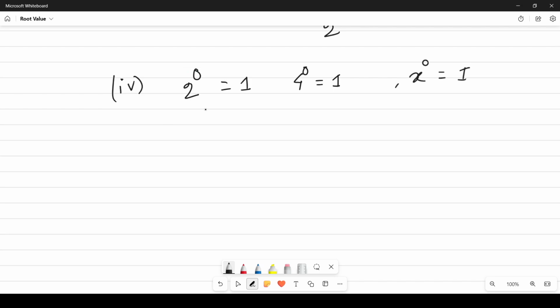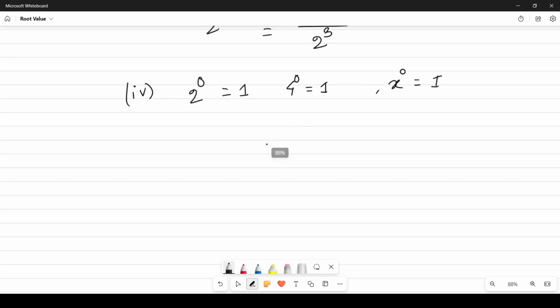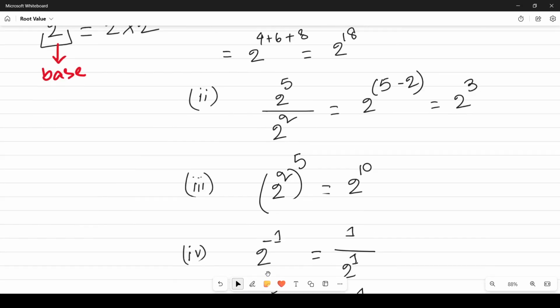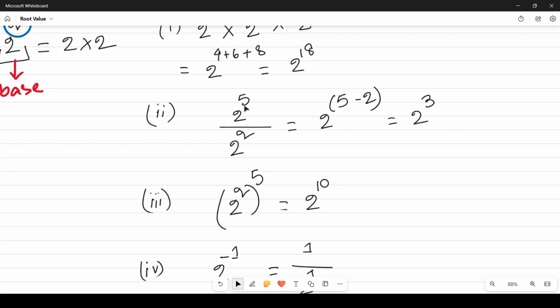What it's actually saying is, you remember the second law of indices, which says, if you are dividing two values with the same base, then we can simply subtract the powers.